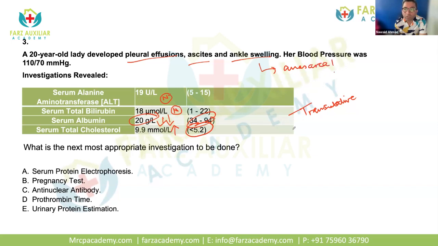If you've got a transudative effusion with low albumin, what is the next most appropriate investigation? Serum protein electrophoresis would be more useful in multiple myeloma. This is not pregnancy. Anti-nuclear antibody, you would be looking at autoimmune conditions.